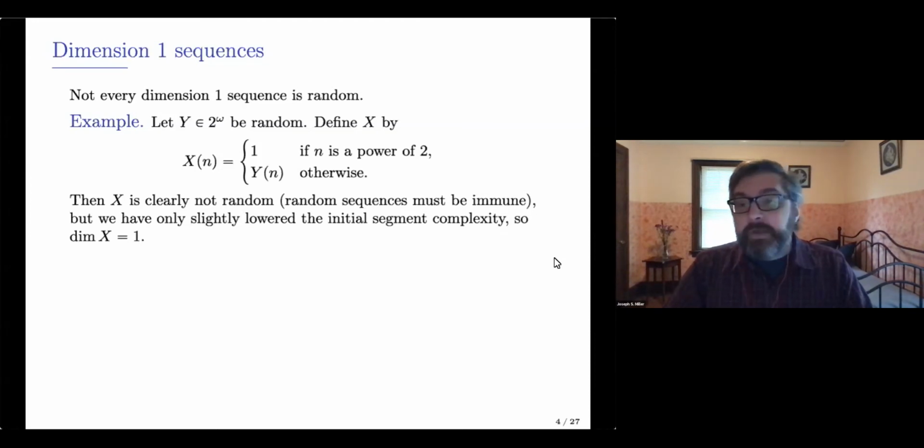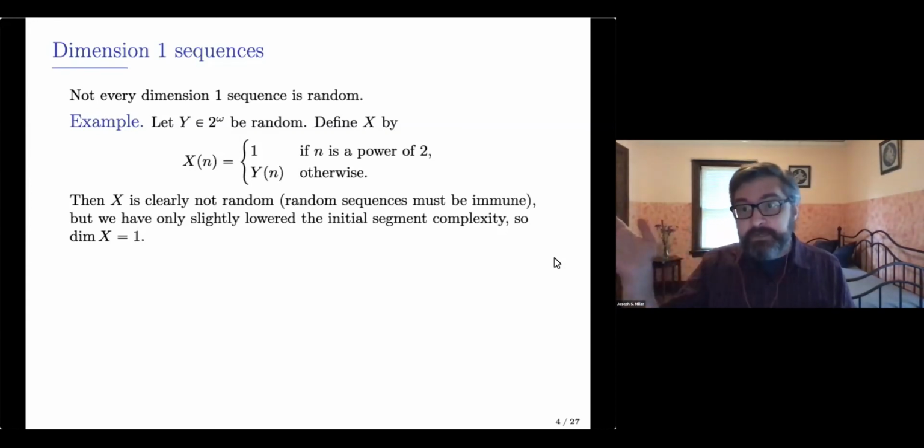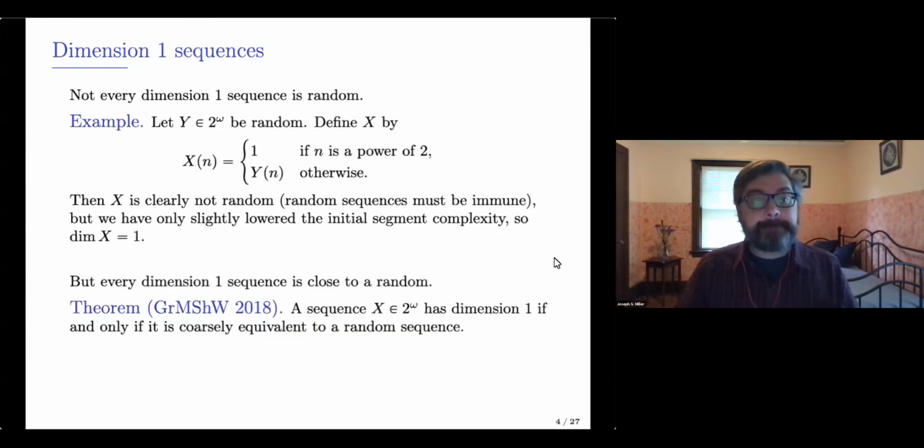But on the other hand, we've only slightly lowered the initial segment complexity of X, so its dimension is still 1. To get from X back to Y, you just have to give me logarithmically much information, and that disappears in the limit used to define dimension, right? But what we showed is that every dimension 1 sequence is close to random.